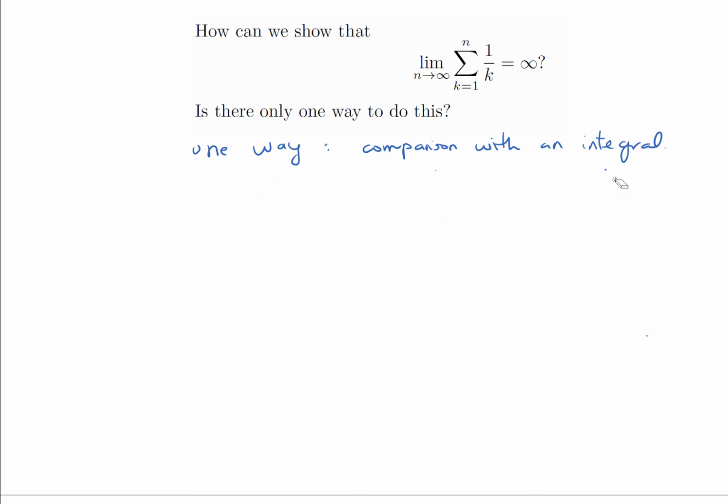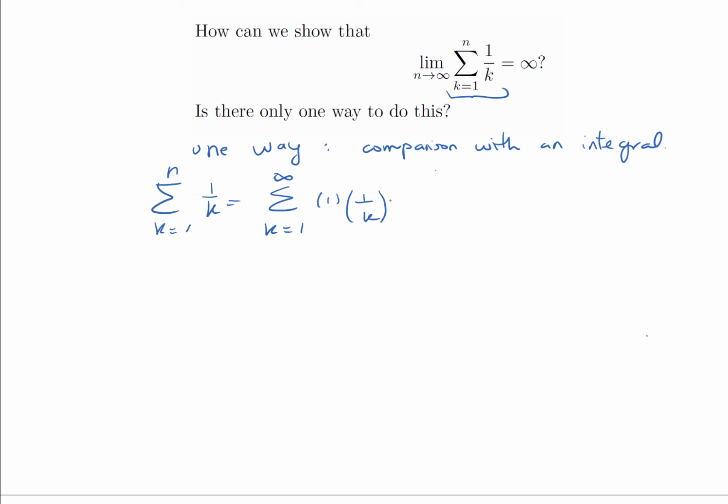So here we have a sum from k equals 1 to k equals n of 1 over k, and that sum can be matched with the sum of areas of rectangles in the following way. The sum from 1 to n of 1 over k is the same as the sum of areas of rectangles that have width 1 and height 1 over k.